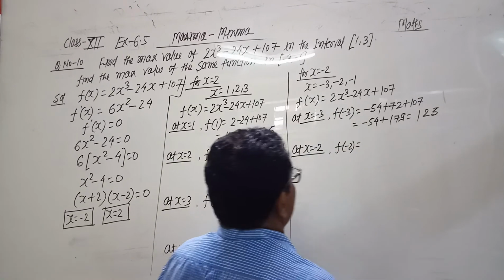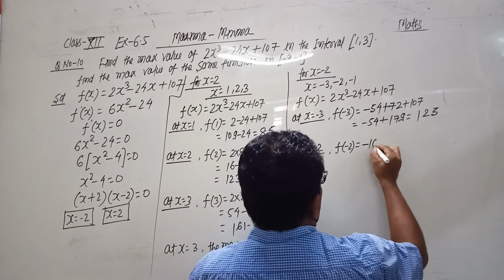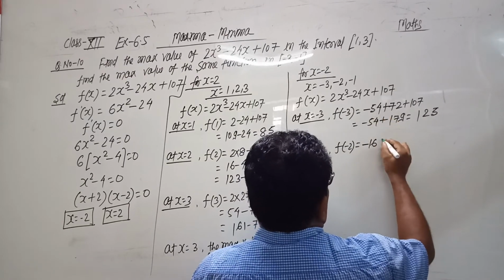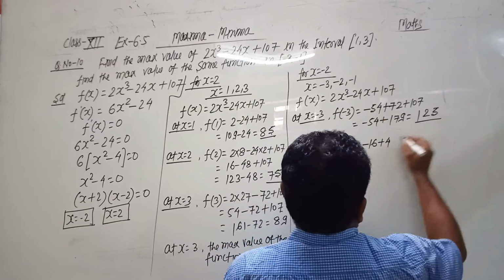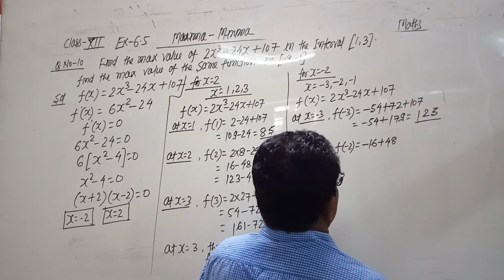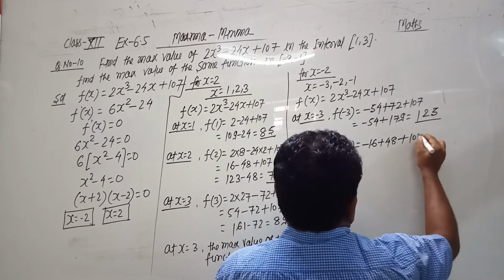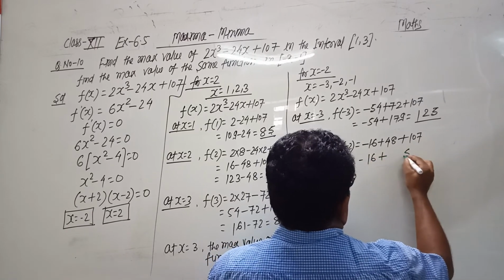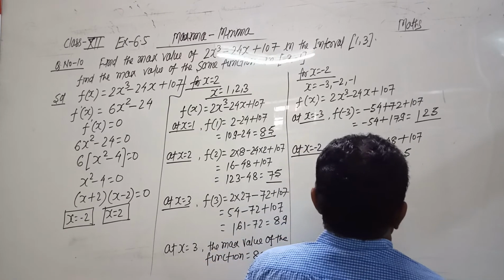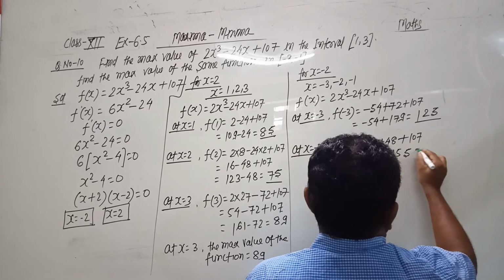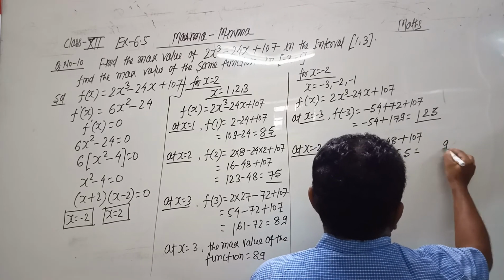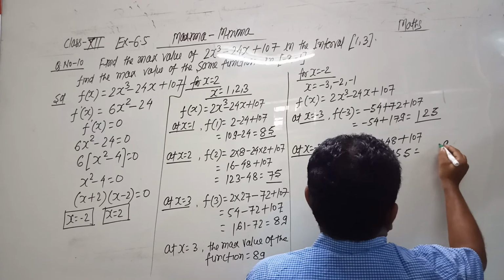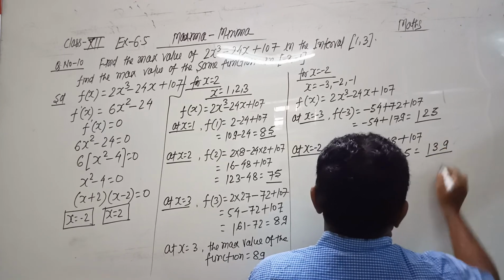And at x equals minus 2, f(minus 2) is 2 into minus 2 cubed, minus 16, plus 48 plus 107. So minus 16 plus 155, and we get 139.